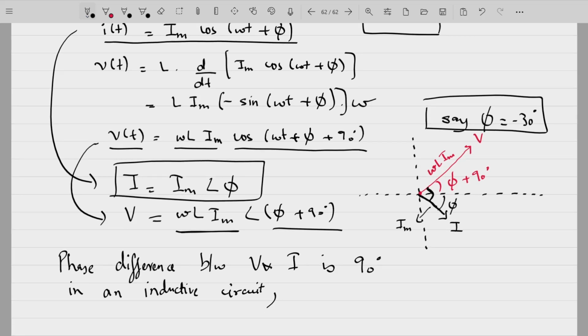By being specific, I mean which one is actually leading, which one is lagging. So the phase difference between voltage and current is 90 degrees for an inductive circuit with current lagging voltage by 90 degrees.